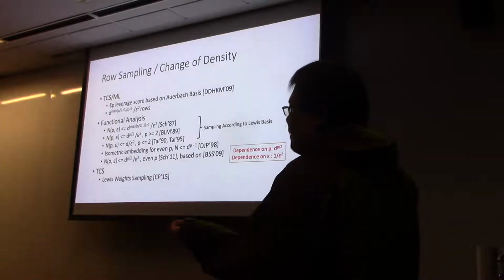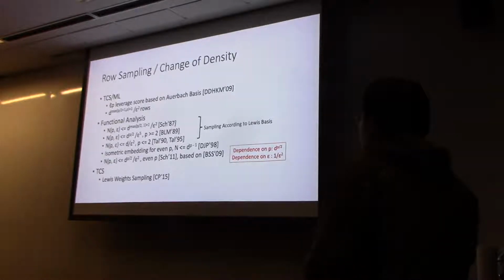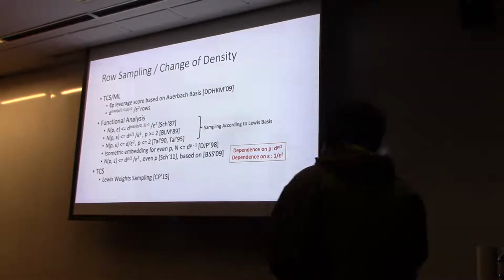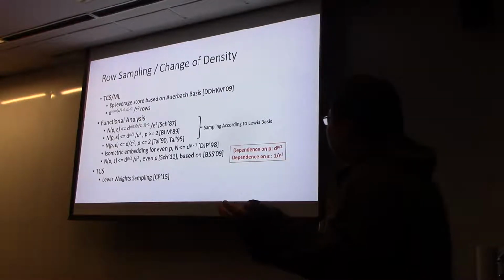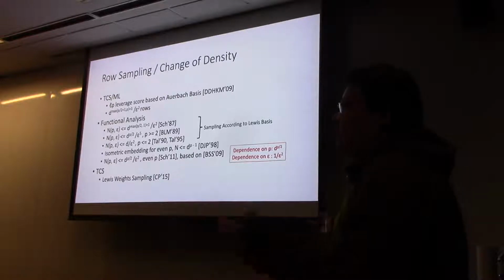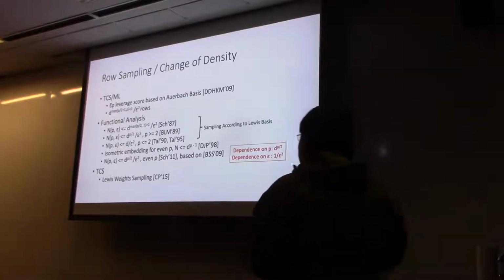If epsilon is very small, then you need to sample more rows, and this might be bad in some cases. And all these constructions are based on row sampling. Can we improve these bounds by using other methods, finding some clever basis or whatever? So these are the questions.